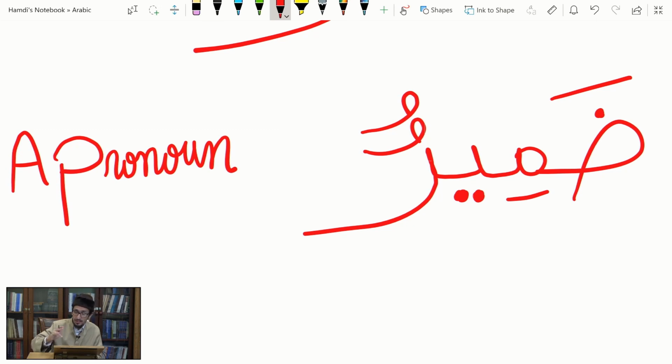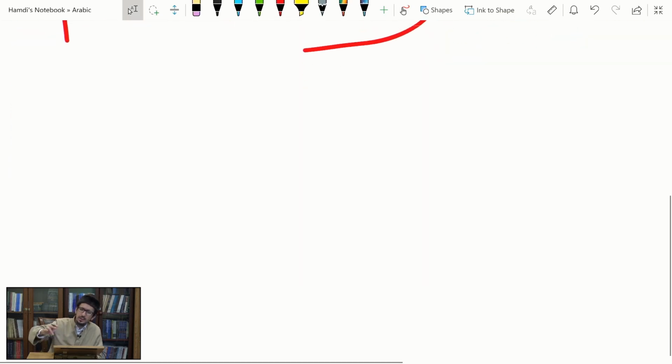So let us study these الضمائر. So we'll see that there are two kinds of ضمائر in Arabic.